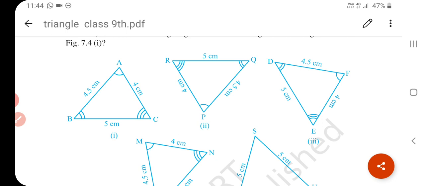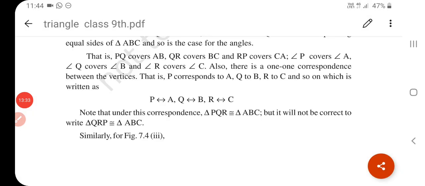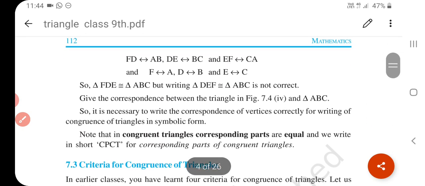So this is how we will write the two congruent triangles. Okay, understand? And you can write this way also: P is corresponding to A, Q is corresponding to B, and R is corresponding to C. Okay, understand? So this is how you have to write that two triangles are corresponding to each other.